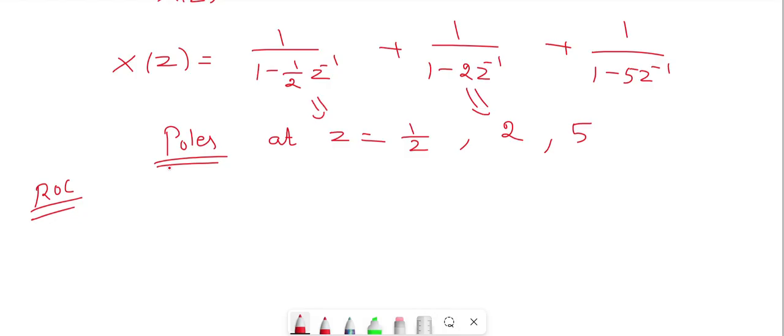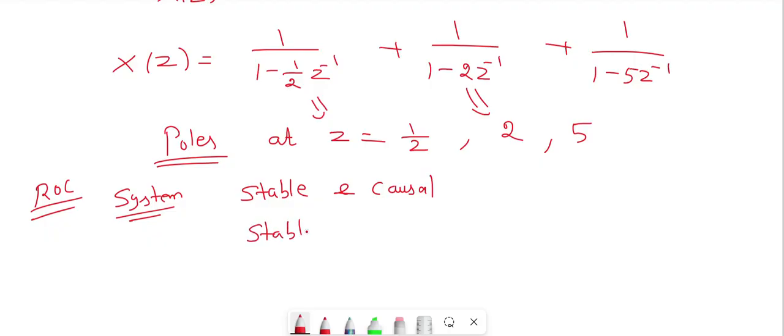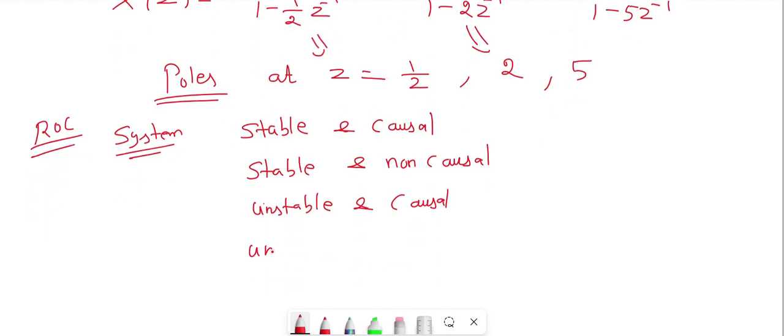And how can you classify the system? It may be a stable and causal system, or it may be a stable and non-causal system, or it may be an unstable and causal system, or unstable and non-causal.